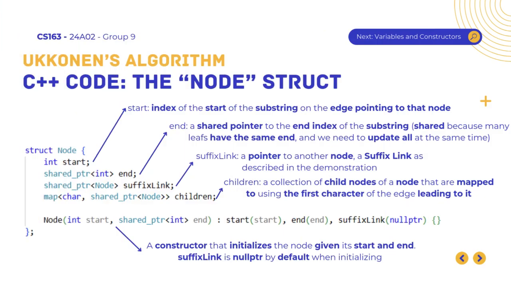First is the structure of the node. The node has variables so that we can use it in Ukkonen's algorithm. First is the start. The start is the index of the start of the substring of the edge pointing to that node, and the end is of course the end of the substring of the edge.